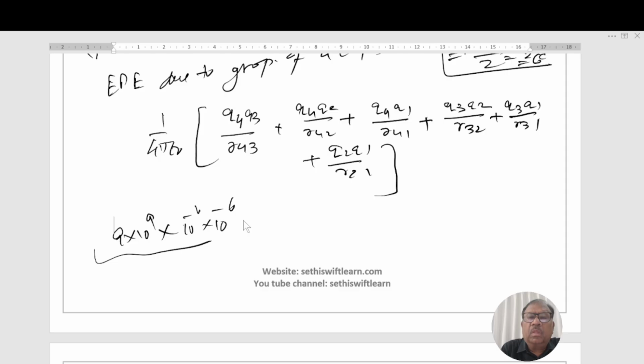Q4, this comes out to be 9 into 10 to the power minus 3.